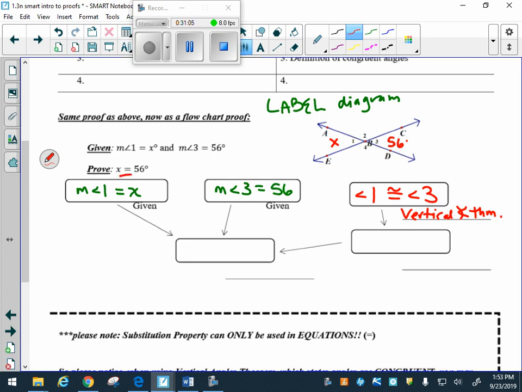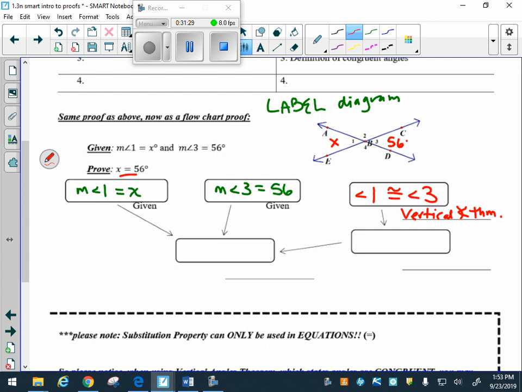Notice that our proof has an equal sign. So we have this problem of, all right, my statement is a congruent statement. I got to get it to be an equal sign. So you kind of have to transition it using the definition of congruence. So you're going to say angle 1 is congruent to angle 3.